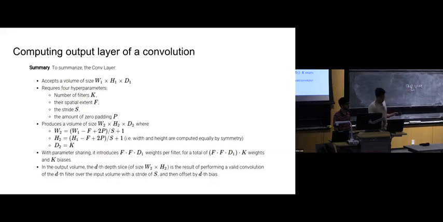So we have width 2, height 2, and depth 2. Is anyone confused by any of the calculations in this picture?